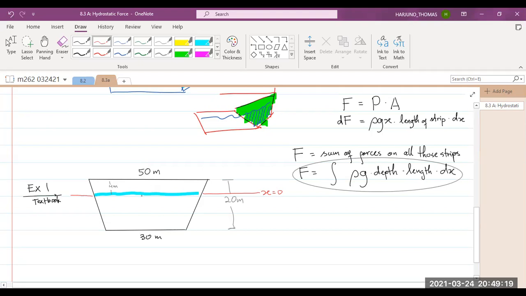Now then, how deep will the water be? At the bottom, what is x equal to? If x equals 0 starts from here, then at the bottom, x will be equal to 16.